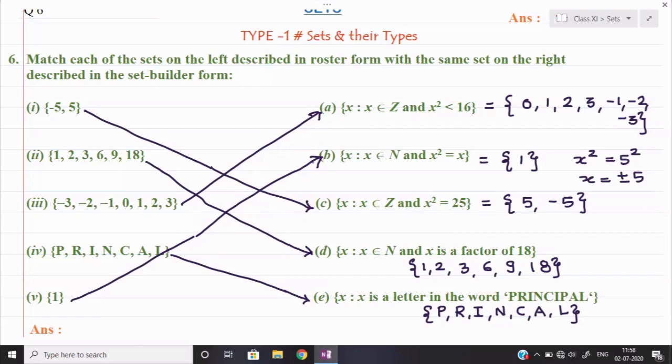These questions I have taken from the reference book. NCERT questions I will give you in the homework. You are not required to write NCERT questions in the classwork notebook. You can simply solve them in the rough notebook. Okay, so next time we shall see some more methods in set theory. Thank you.